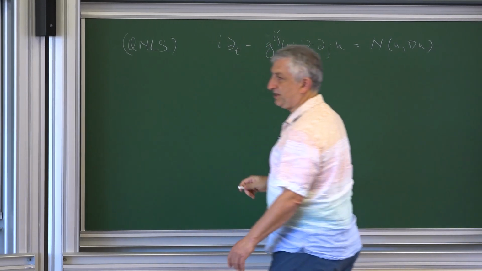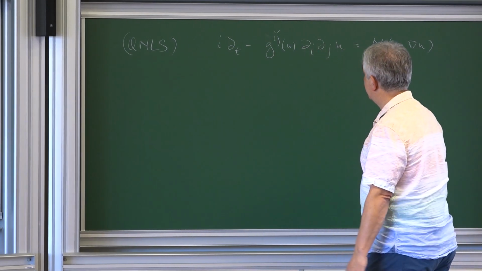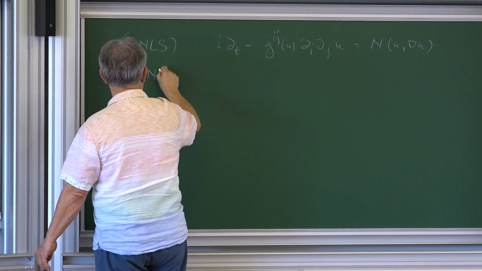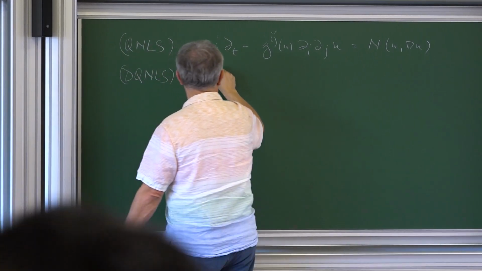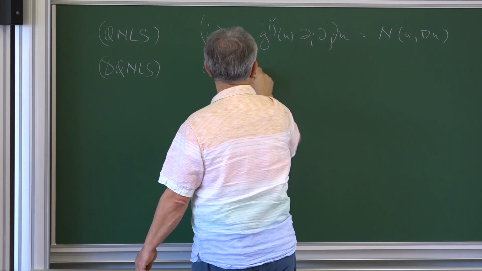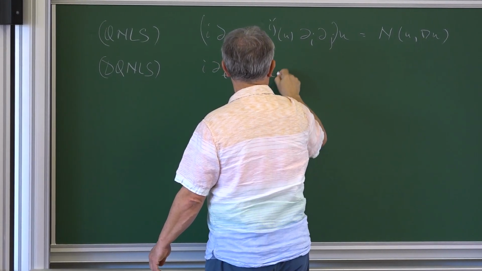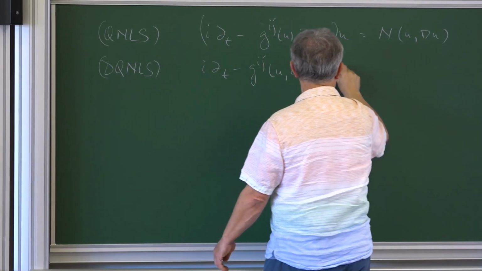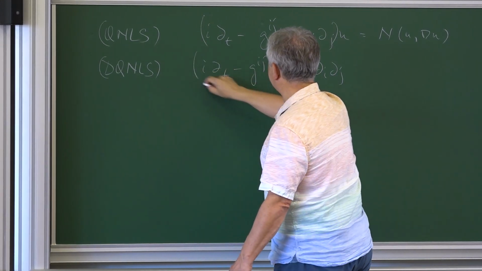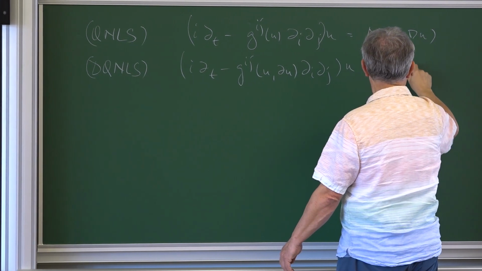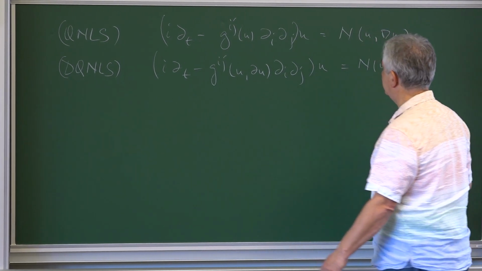I remind you that everything is cubic in what we do. And then we had DQNLS, i ∂t, some brackets in here, minus g^{ij}(u, ∂u) ∂i ∂j u is equal to N(u, ∂u).